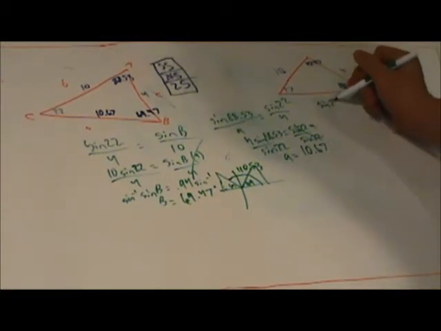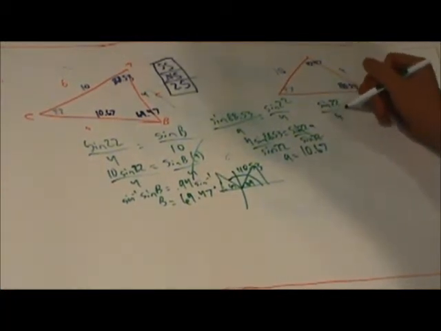So now we can use the law of sines to find what this length is. So we do sine of 22 over 4 equals the sine of 47.47 over this length, which we're going to call x for now.